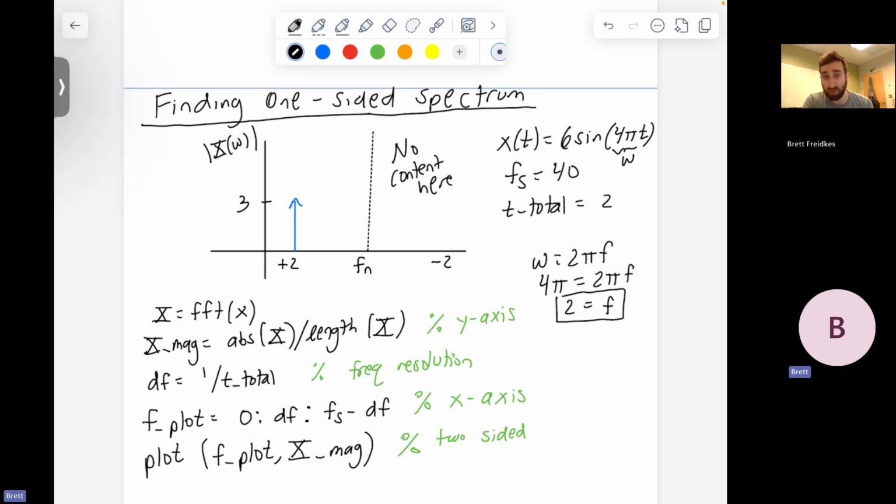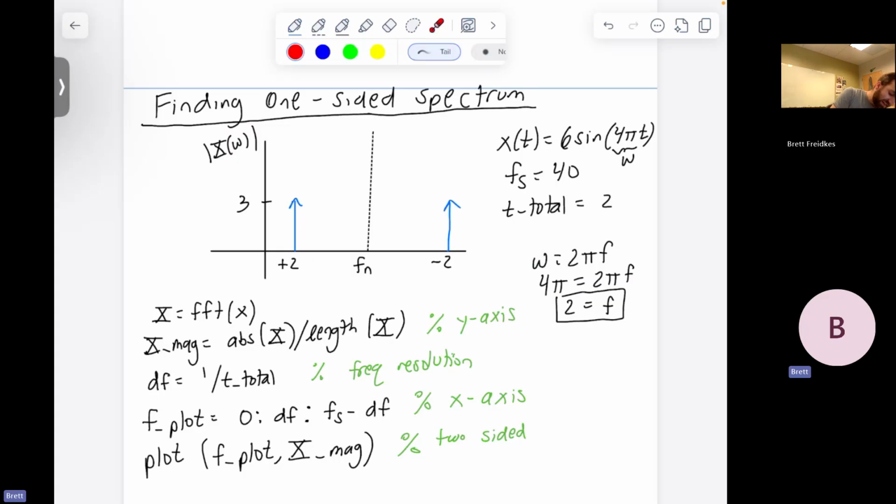Because if there is frequency content above the Nyquist, it would be aliased down. So that means that we basically have this storage space to put other types of information. And MATLAB has decided to use that storage space for negative frequencies.